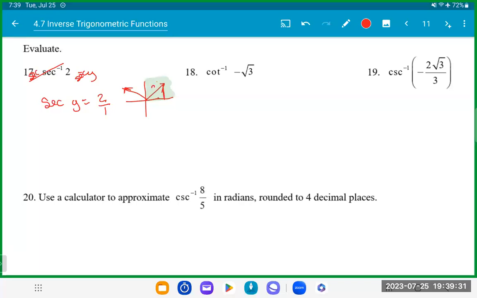So this is hypotenuse over adjacent. So I know that this here has to be the square root of 3. So this here is 30 degrees or pi over 6. And we don't have to worry about that. This one here is 60 degrees or pi over 3. And so we would say here that my y is equal to pi over 3.